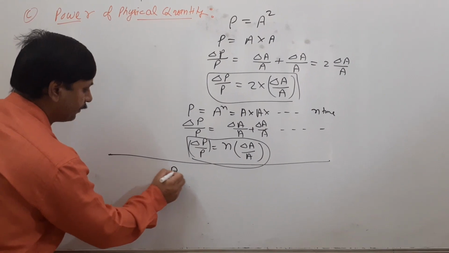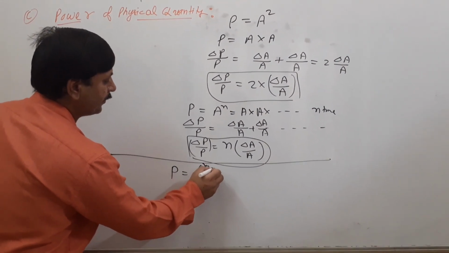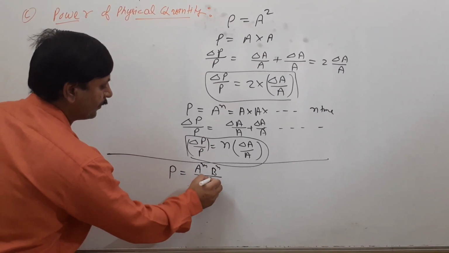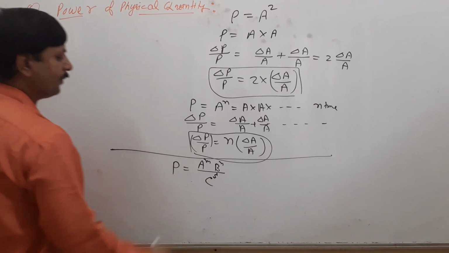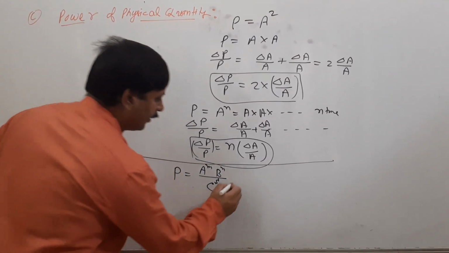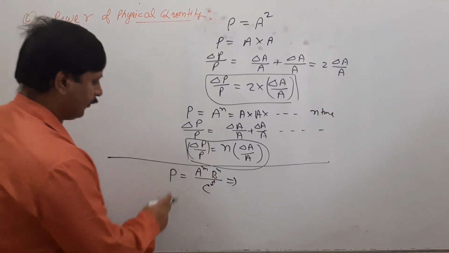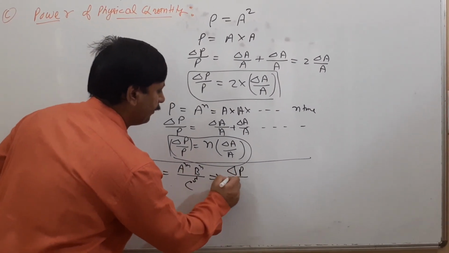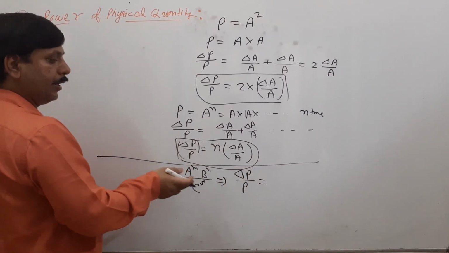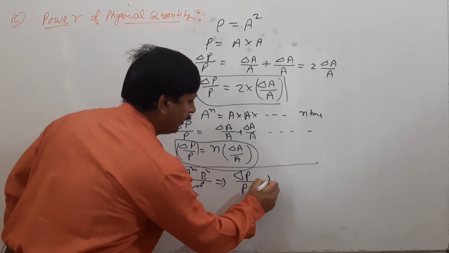If P is any physical quantity, A power m, B power n, C power s, any number of physical quantities is there, what will be the general formula for error? See here, del P upon P is equal to what? Power is written in the multiple form to the relative error.